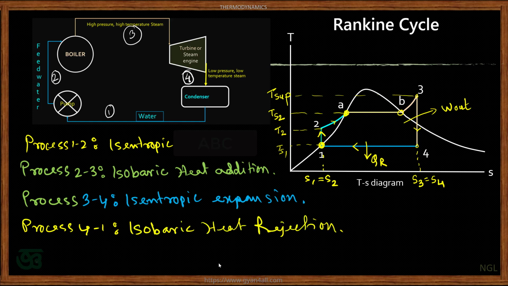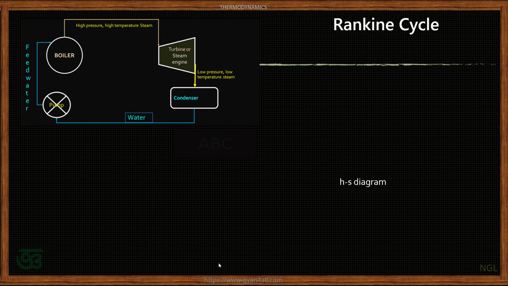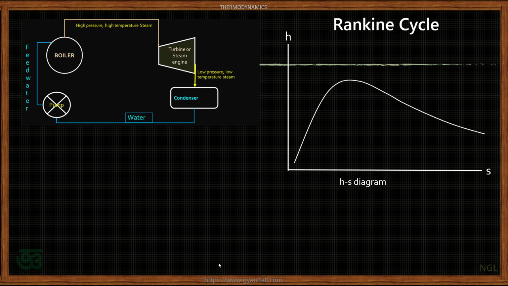So this way we can represent the 4 processes of a thermal power plant, and this is the TS diagram for the Rankine cycle. Now we'll draw the enthalpy entropy diagram, which is also called the Mollier chart. We have learned it in the previous videos. In the Mollier chart also, this is the saturation line, and in Mollier charts there are many constant pressure lines.